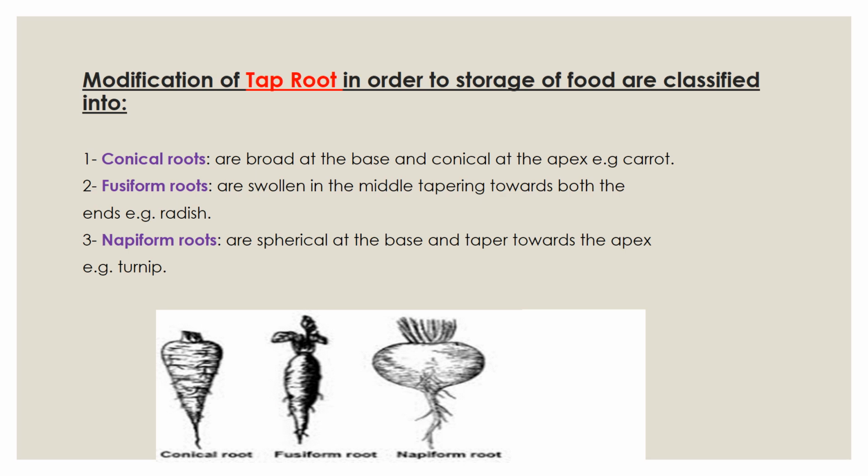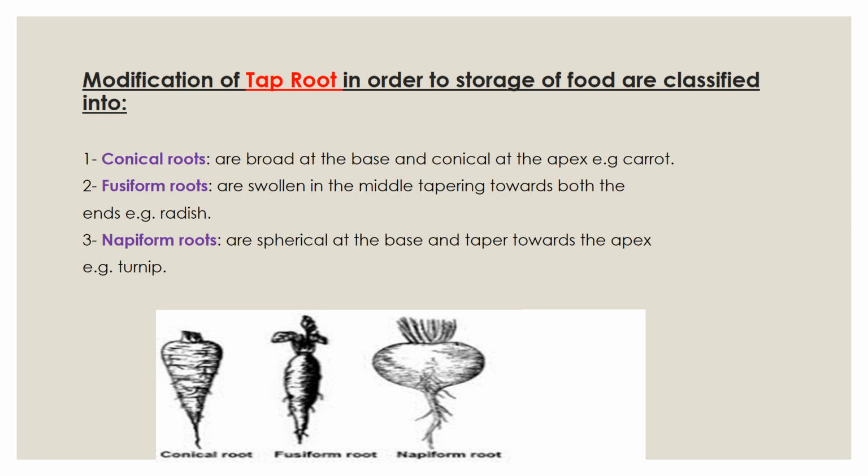The third one is napiform roots. Napiform roots, as in the picture, are also taproots, but modified to store food. The characteristic of it is spherical, broad at the base, and tapering towards the apex.